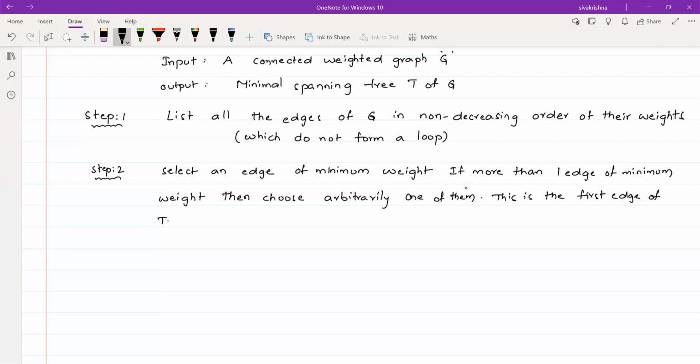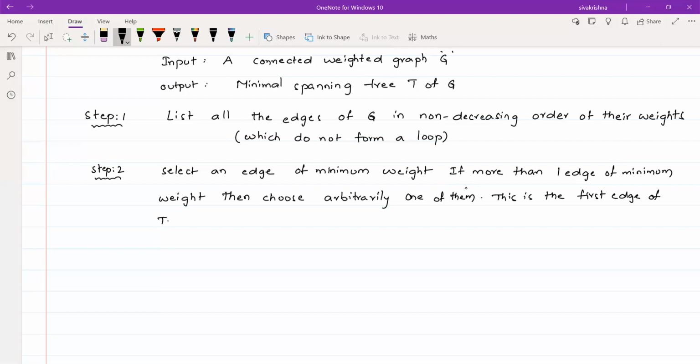Okay. So in step 1, we have to list all the edges, the weights of the edges, in increasing order. In the given connected graph, we have the weights of all the edges, so we represent those edges and their weights in increasing order.